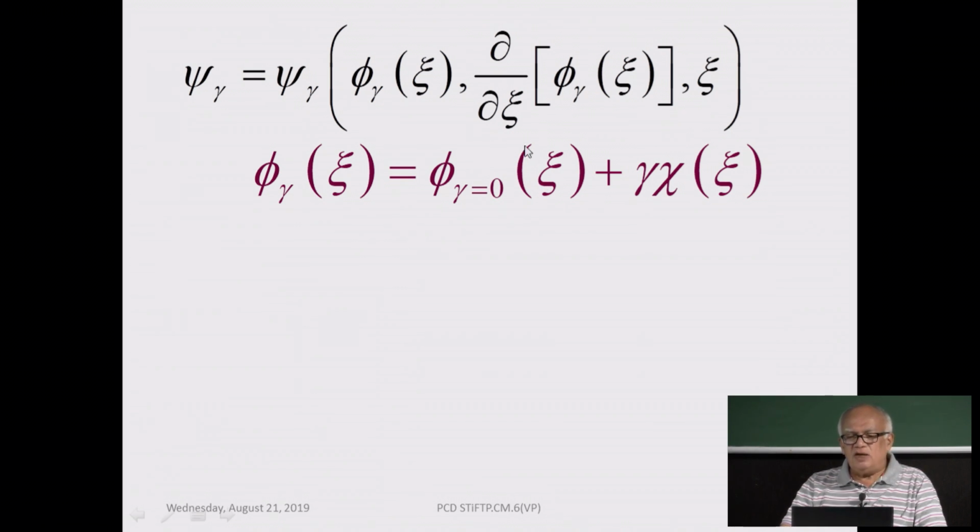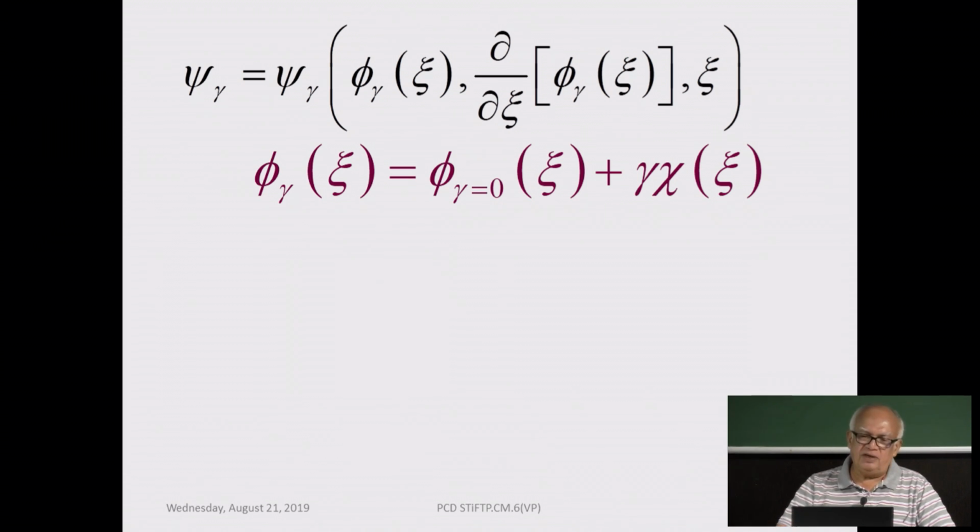It depends on some value of phi for gamma equal to 0 plus another factor which is scaled by gamma. So this is the nature of dependence of phi on xi. It's a very simple form that we have taken, that phi depends on xi through a control parameter gamma, which provides a linear term in gamma which describes the dependence of phi on xi.